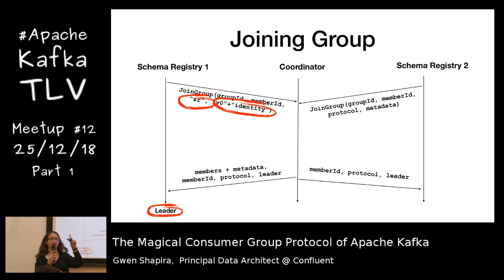So everyone sends host-port pairs. And the first thing that the coordinator does is elect a leader, right? So we send the leader a list of all the candidate Schema Registries, and then the rest of them get IDs, etc. And they know who is the leader. Next.